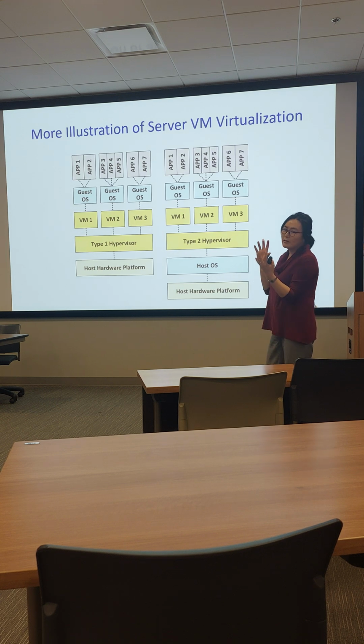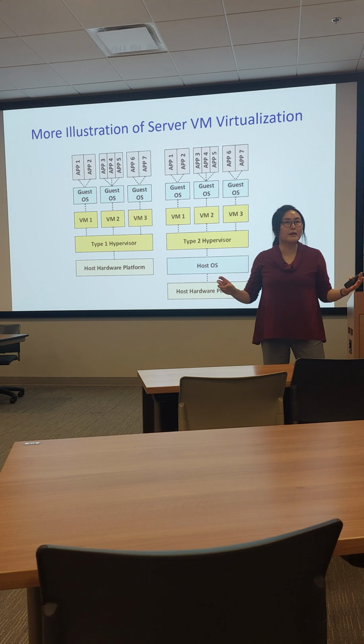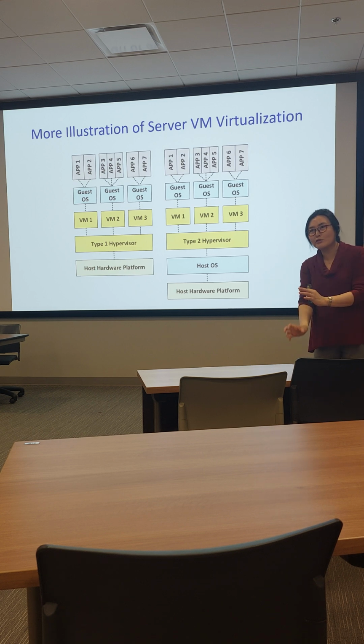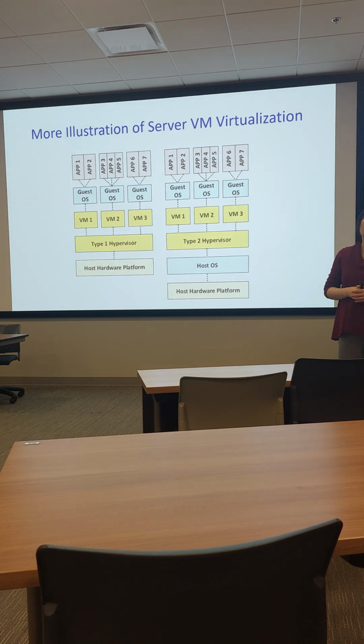Like the paper from '74, Popek and Goldberg, they had hardware inside, the VMM outside, the virtual machine. That's a different way of visualizing the abstract concept. And this is a more modern, recent illustration.